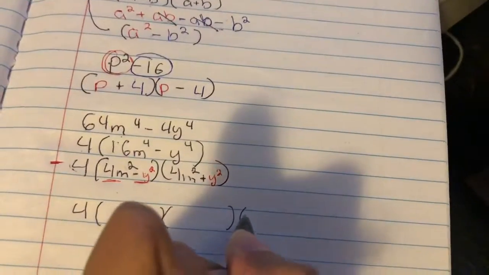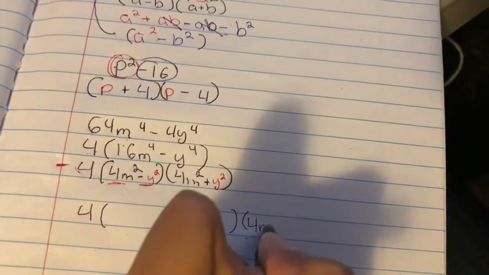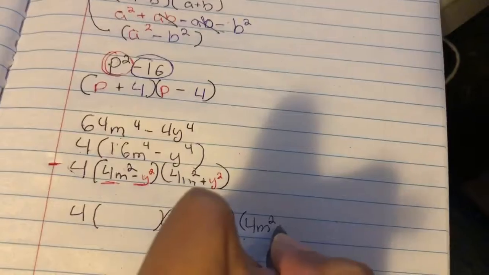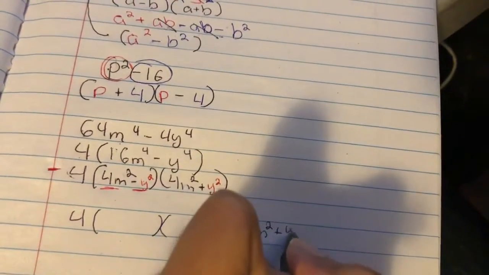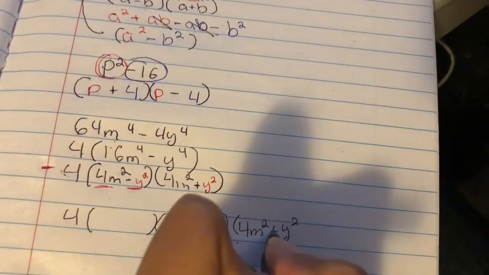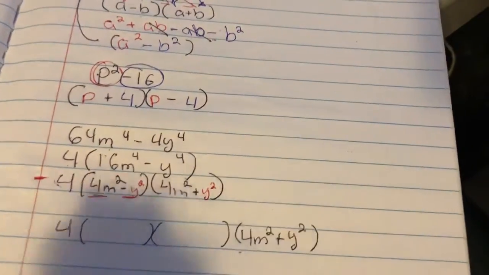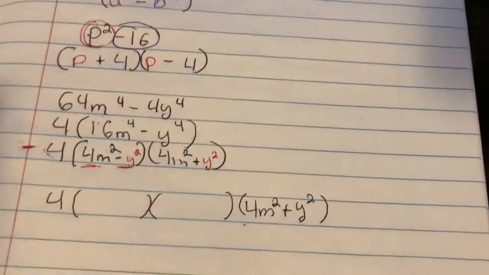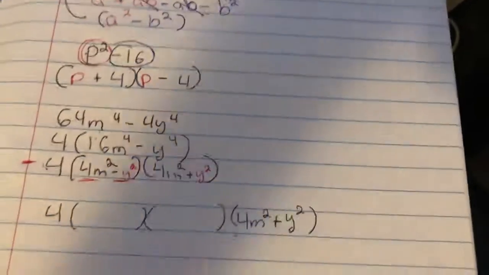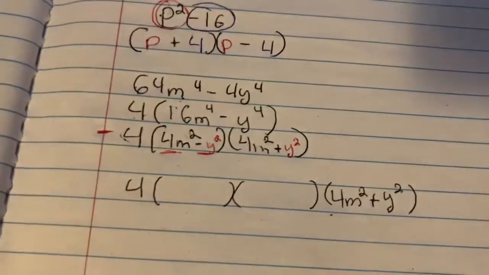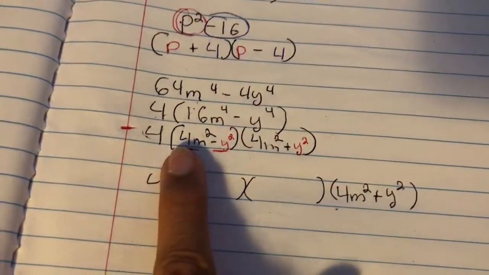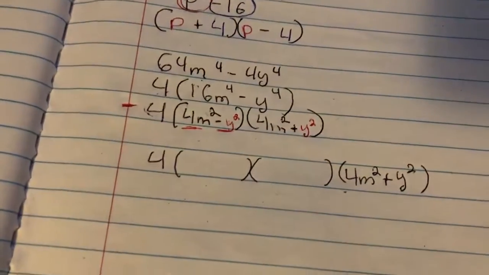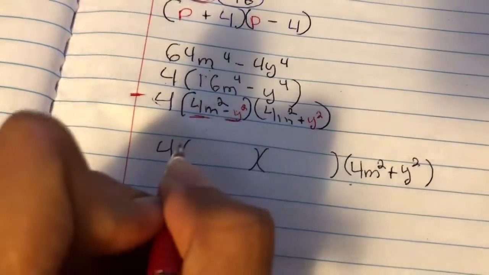So we're going to bring down the 4m squared plus the y squared, because that's already done. The formula states negative, and that has a plus, so technically we can keep that the way it is. Now we keep using that same method.